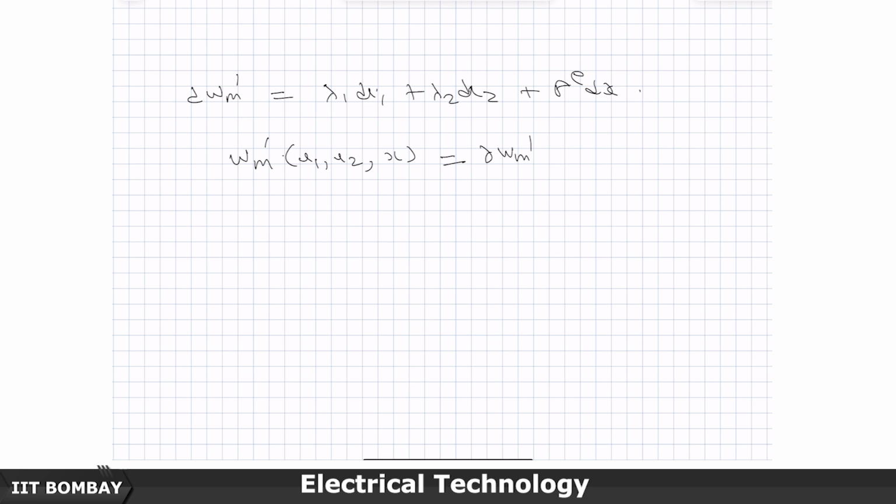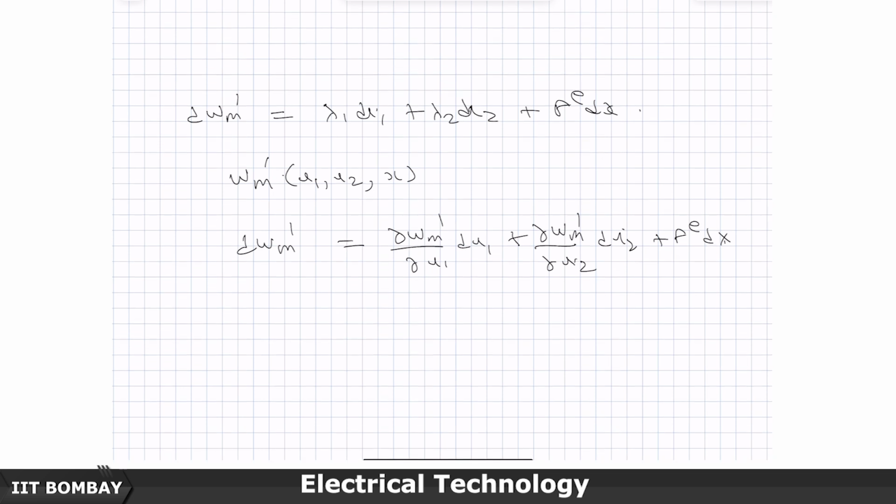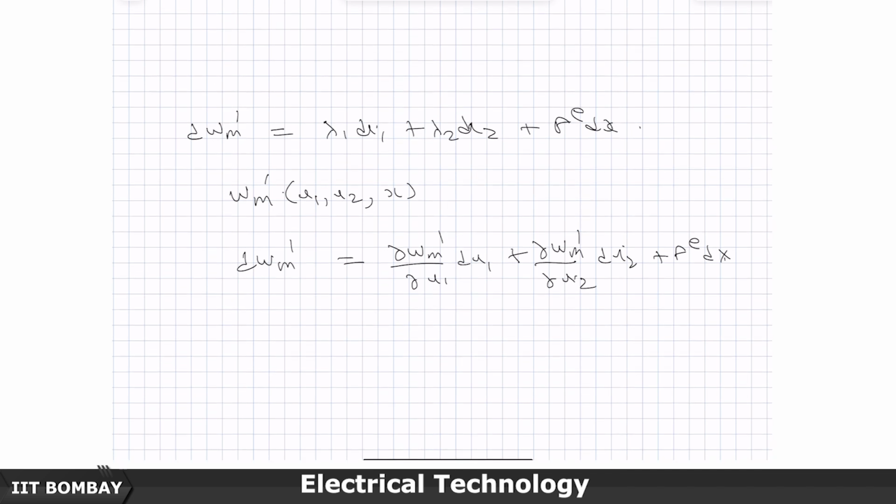If I am looking at dWm dash, then I can write it as partial derivative of Wm dash with respect to I1 times dI1, plus partial derivative of Wm dash with respect to I2 times dI2, plus partial derivative of Wm dash with respect to x times dx.